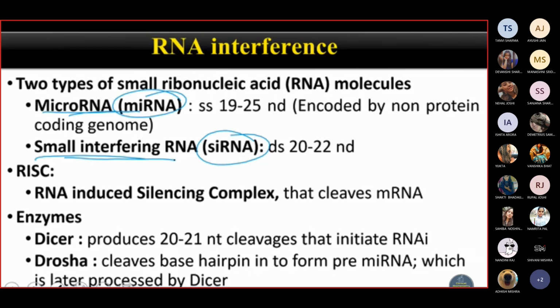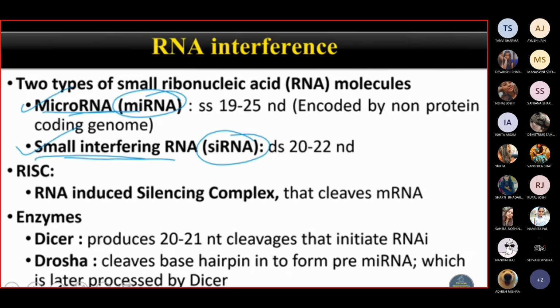Do you remember? Yes, sir. So miRNA and siRNA are the two main RNAs involved in this process.